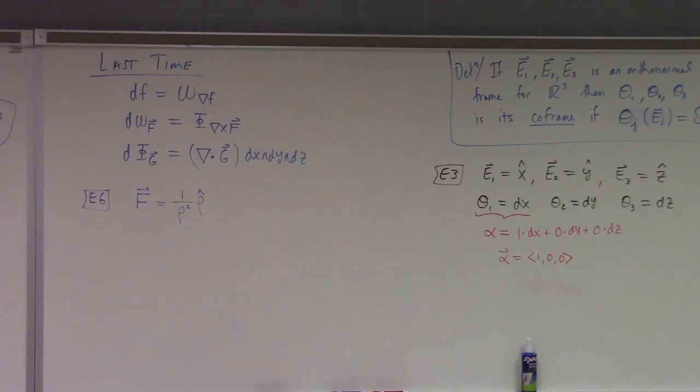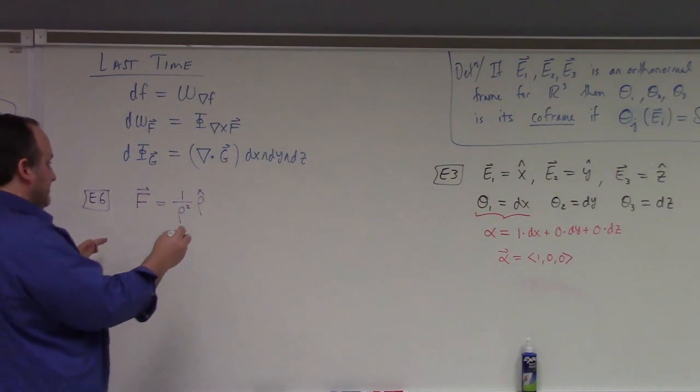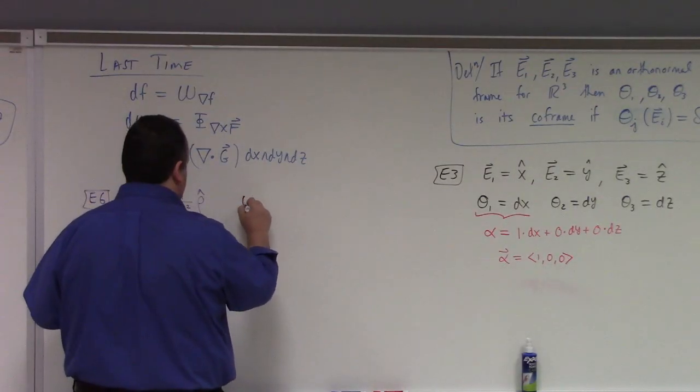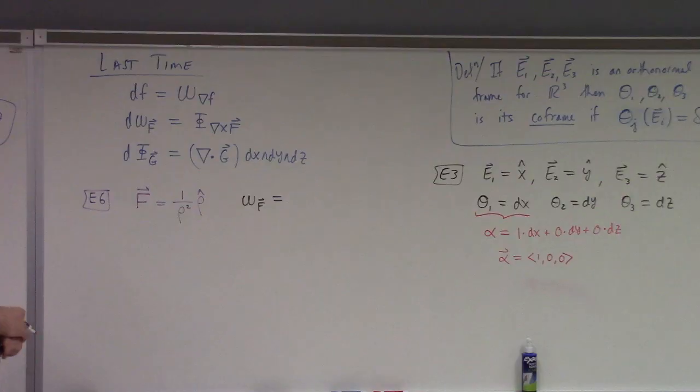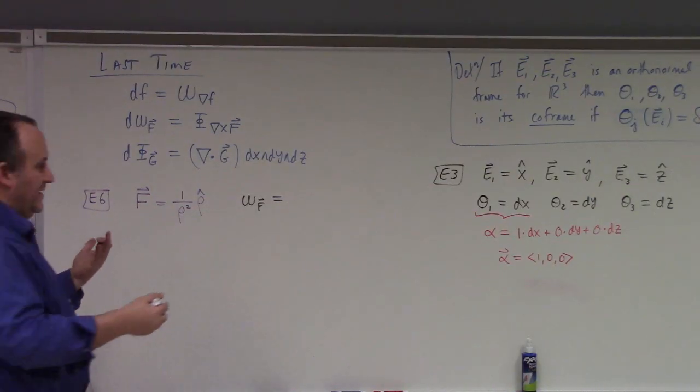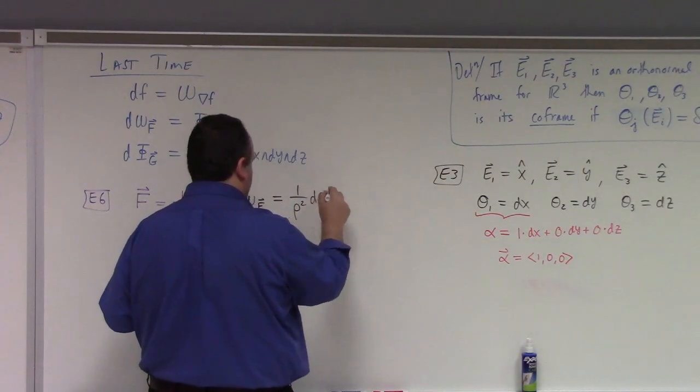You guys with me? So what's the corresponding work form here? It's just 1 over rho squared d rho.